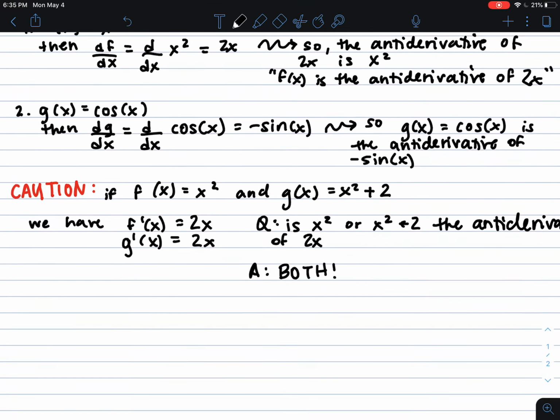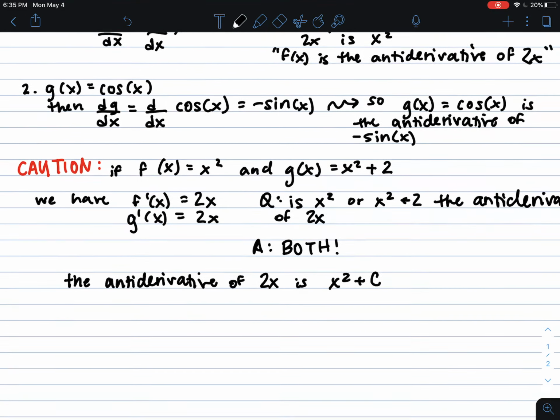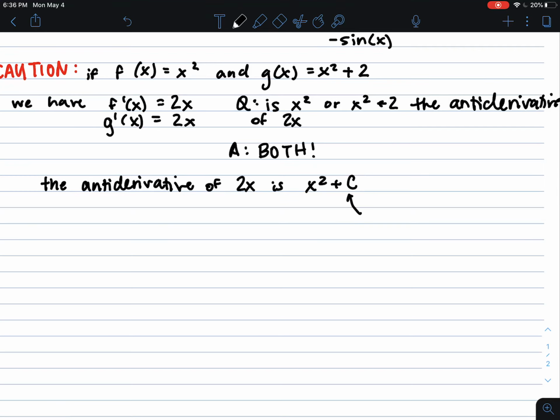And we take care of this by writing the antiderivative of 2x is x squared plus c, where c is some arbitrary constant. Or not really arbitrary, but we'd need more information to figure out what it is. So that's just a placeholder, unless we have more information.